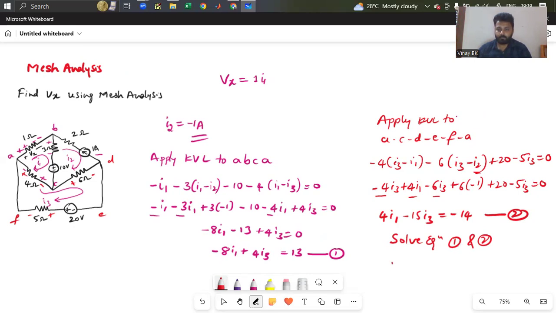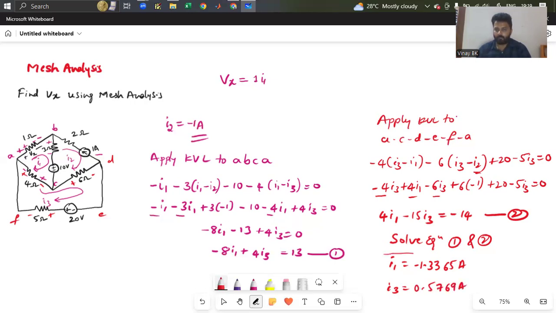I1 is minus 1.3365 amperes. Similarly, I3 is 0.5769 amperes.